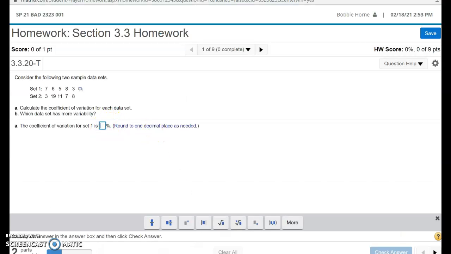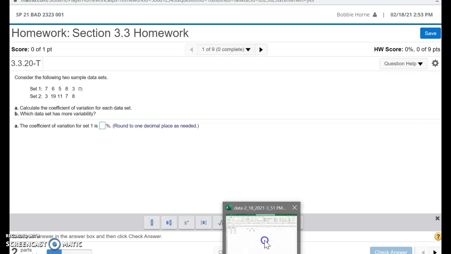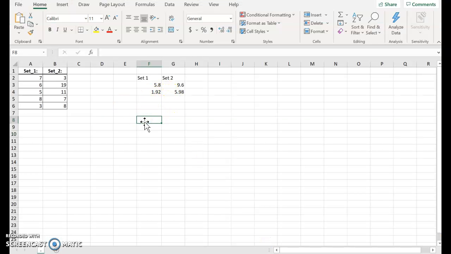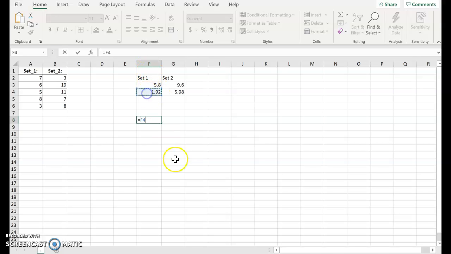So we want the coefficient of variation. So what we need to do is divide our standard deviation. I'm just going to do this in Excel. You can put it in the calculator, but I'm going to divide the standard deviation by the mean, and then I'm going to times that by 100.